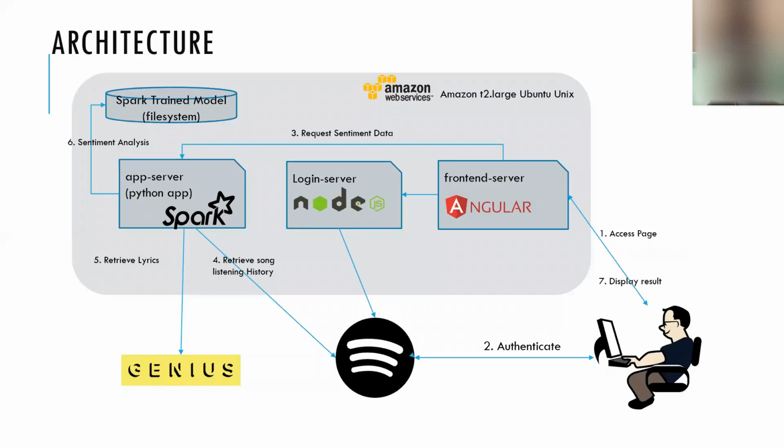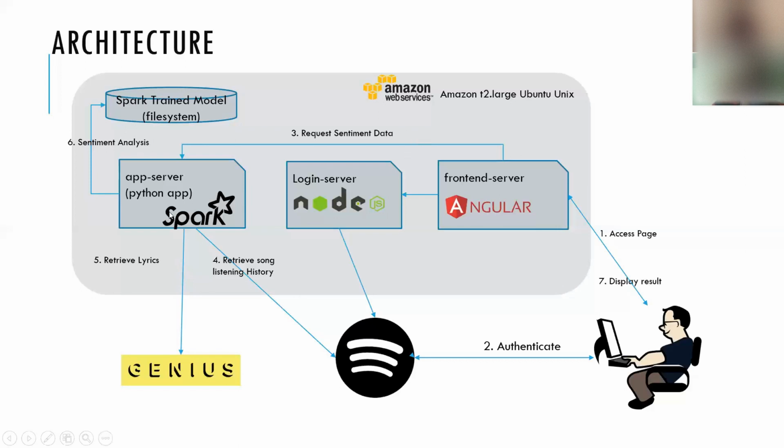So my colleague here, Vijay, will pick up. Thanks, Sam. This slide shows the architecture of our solution and the technology that we have used. As you can see here, we have used Angular for the front end. We have used Node.js for implementing a login server for Spotify OAuth, and we also used PySpark for our machine learning requirements.